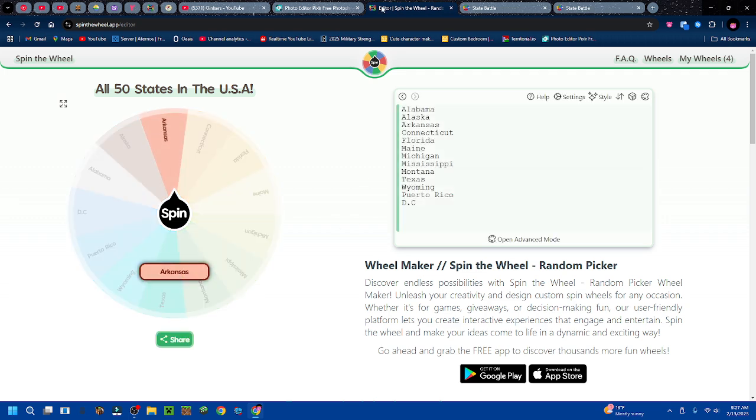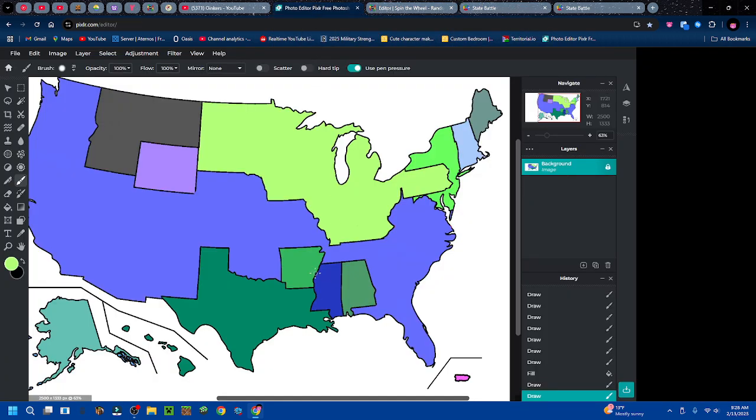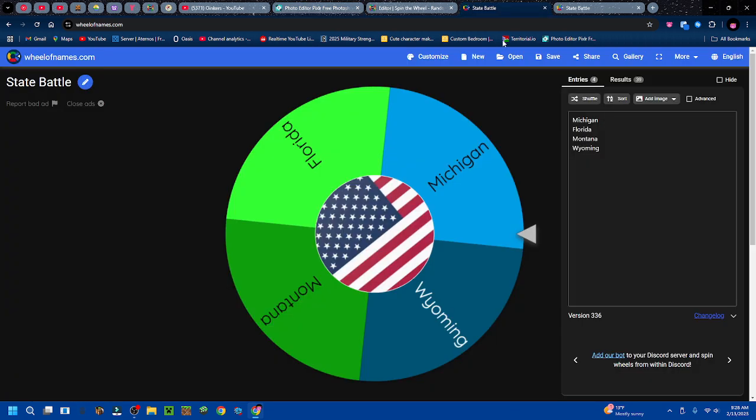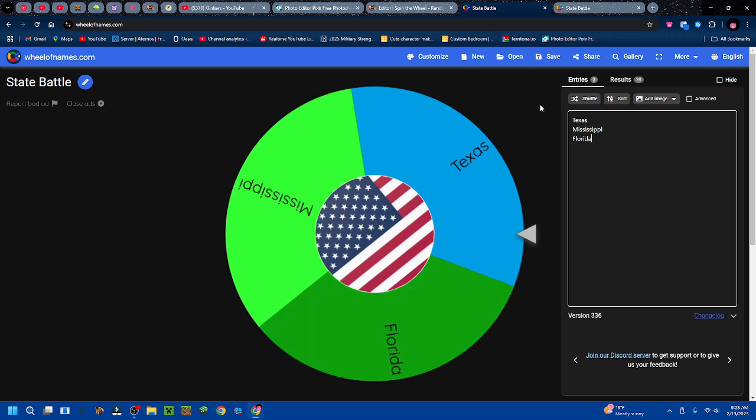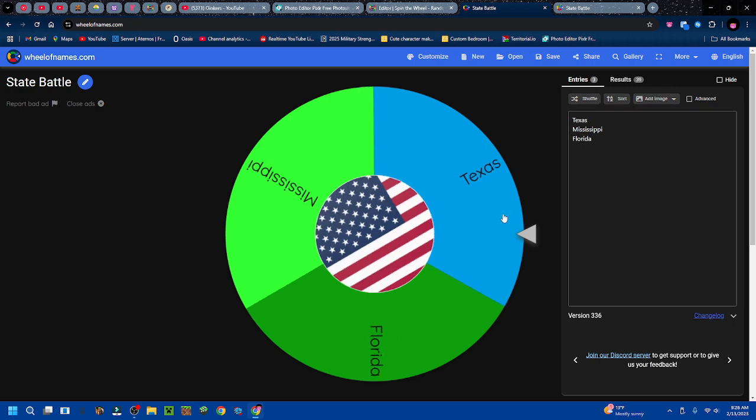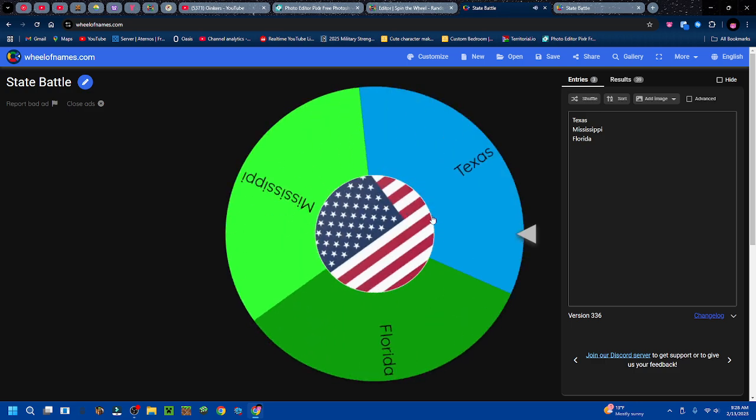Arkansas. It's like Arkansas is going to be going. Arkansas hasn't done anything, so that's good. But they only now border Texas, Mississippi, and Florida.